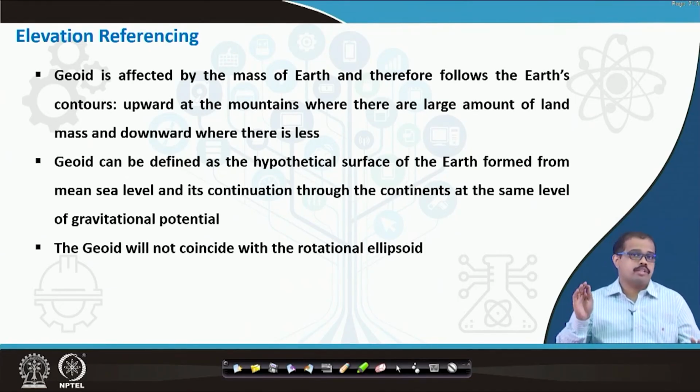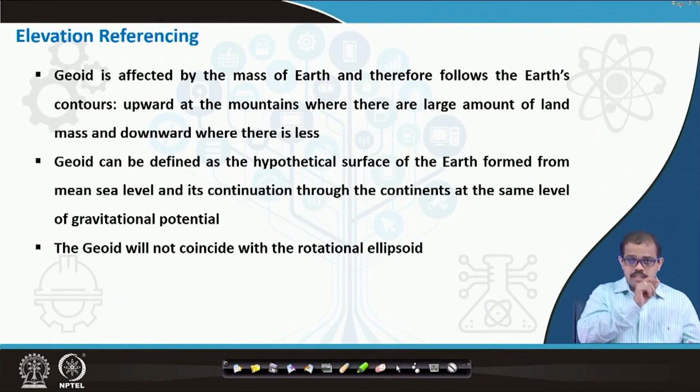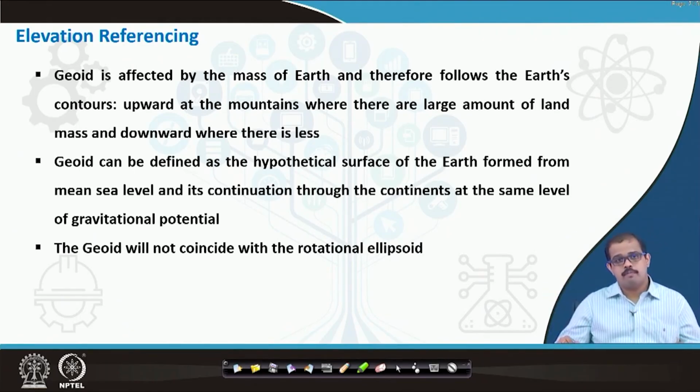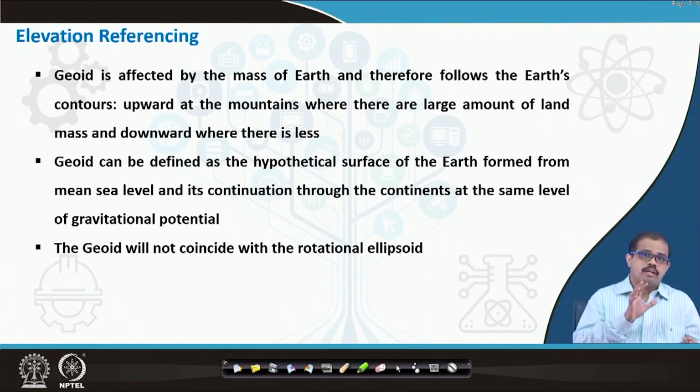I spoke about what a contour is in my previous class. It follows the earth contours upward at the mountains, where there is a large amount of land mass, and downward where there is less land mass. We have to understand this very clearly.